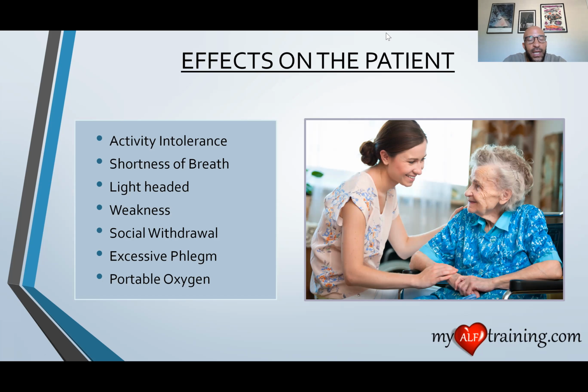So they're not able to take in as much oxygen, they're not passing as much oxygen through their body, and they're not able to expel the carbon dioxide. On top of that, they have mucus building up, and they also have inflammation. So they have a lot of problems going on.